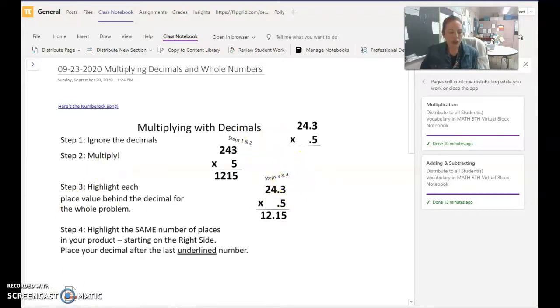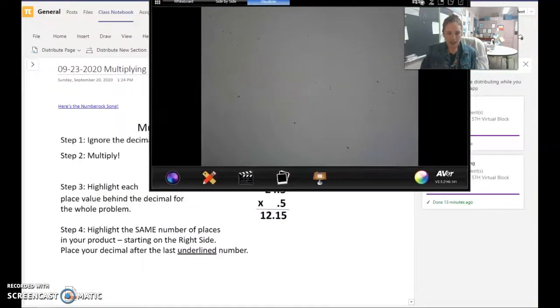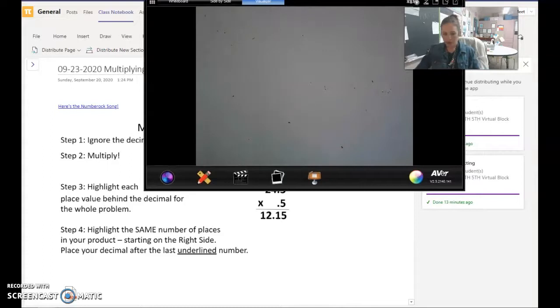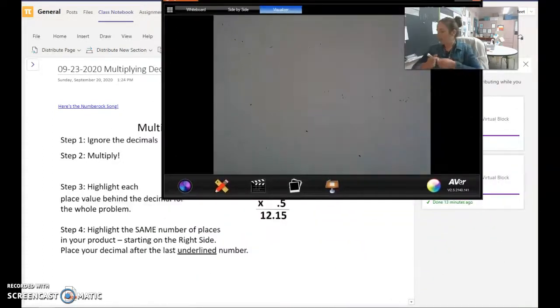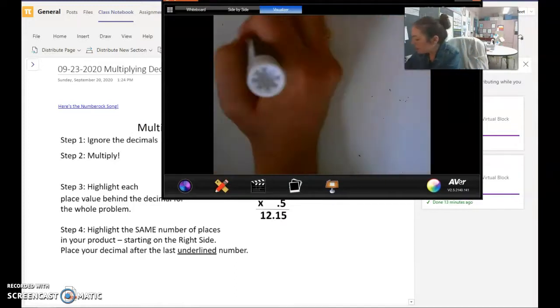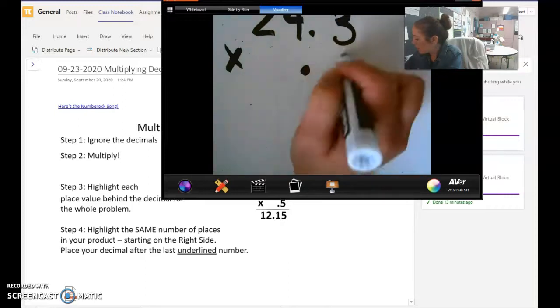So we are going to do this problem over to the side. Let's see if we can still see our steps. So my problem is 24.3 times 0.5.